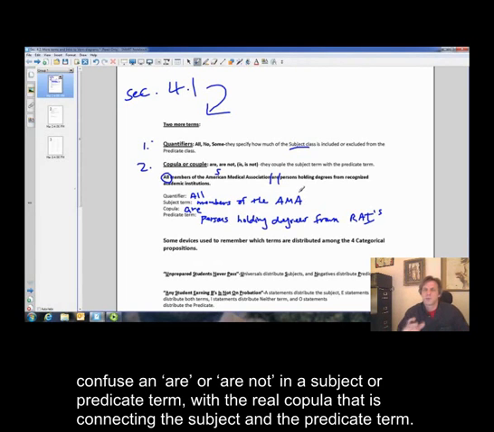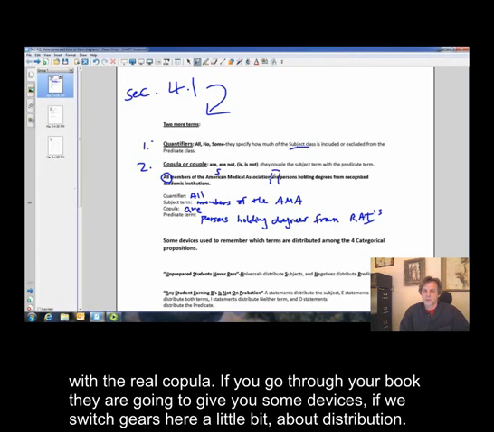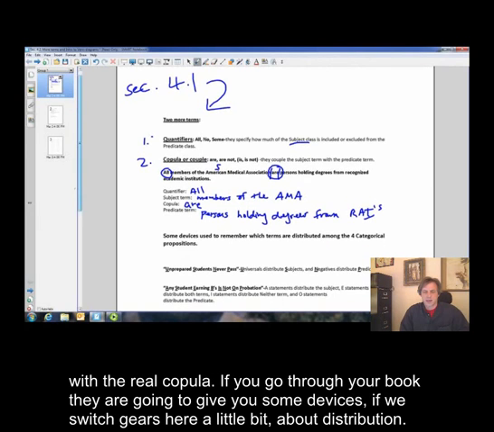You don't want to confuse an are or are not in a subject or predicate term with the real copula that's connecting the subject and the predicate term. Sometimes subject and predicate terms can have are and are not in them. Just don't get them confused with the real copula.